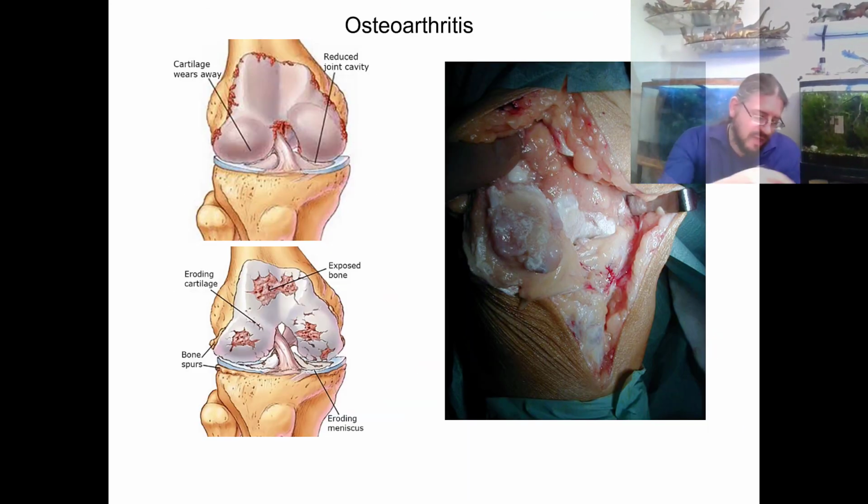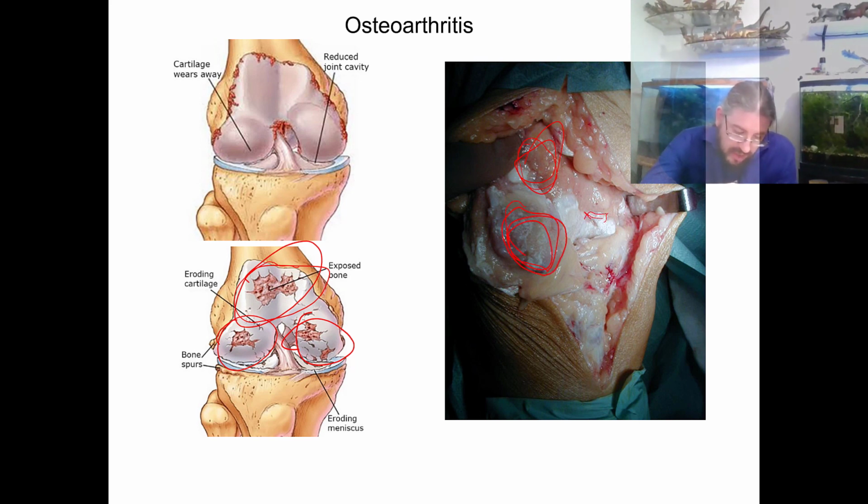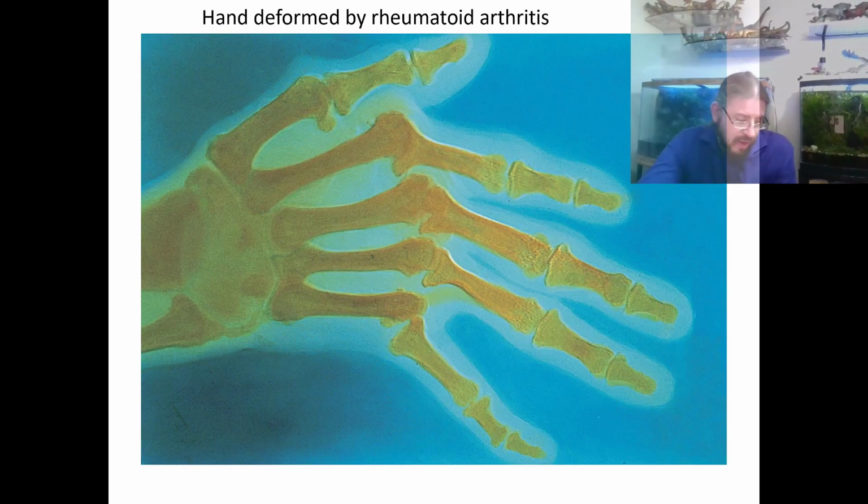So here's some osteoarthritis. You can see we have exposed bone, damage in there. Pretty rough. You can see a lot of rough surfaces here that are associated with that osteoarthritis bone breakdown. So not great. And this is a hand that's been deformed by rheumatoid arthritis, so long chronic rheumatoid arthritis.